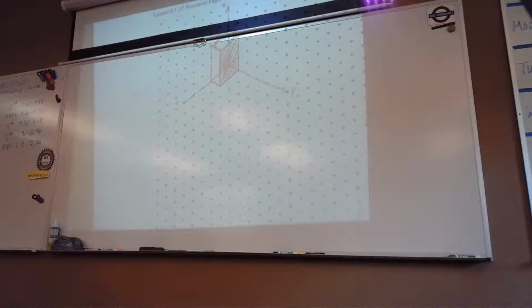Well, are we building it? Did ya? On your axes? Where does it go? So that's a rectangular prism? Uh-oh. It's closer than it was.